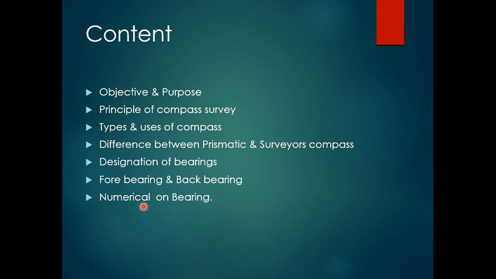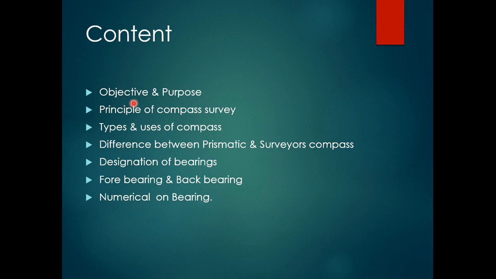So what is the objective and purpose of compass survey? We have seen in previous lecture chain surveying. In chain surveying we have studied that the area to be surveyed is divided into a number of triangles. This method is suitable for fairly level ground covering a small area.